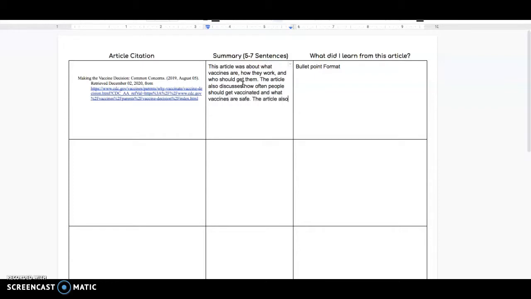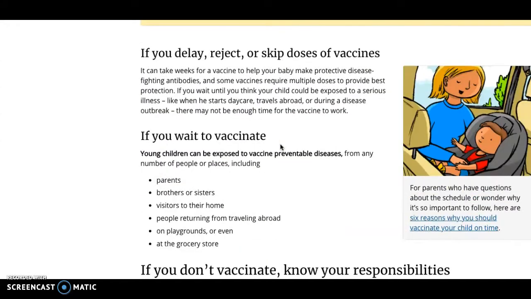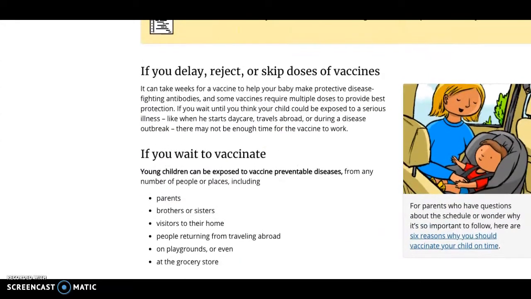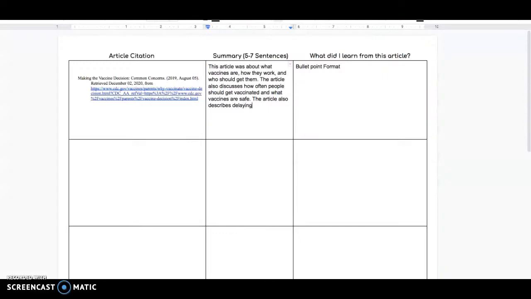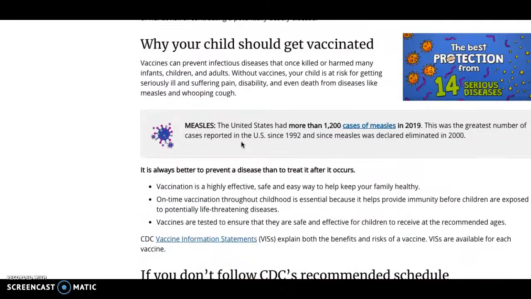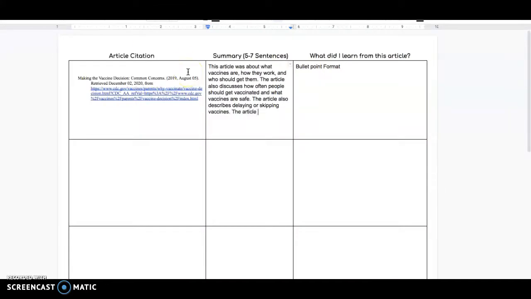The article also describes, and I might have to look back and see, delaying or skipping vaccines. The article also talks about the importance of vaccinations.